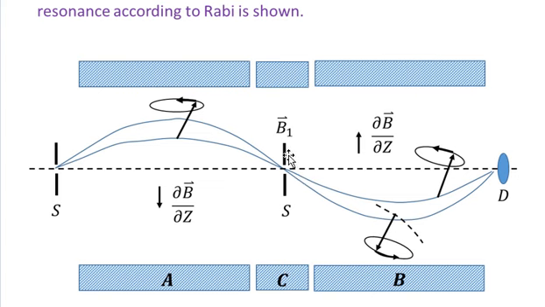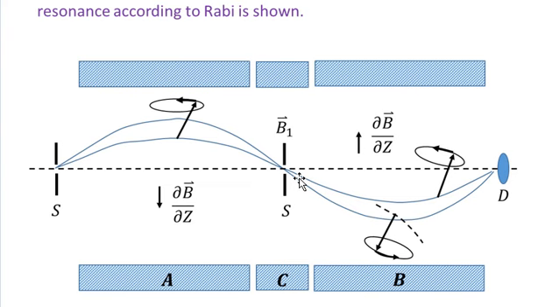So whenever the resonance occurs, these beams, or a part of them, will not reach the detector. So the detector will record a fall in current, and of course a dip in current will be observed. And this will only happen when the resonance condition is met.